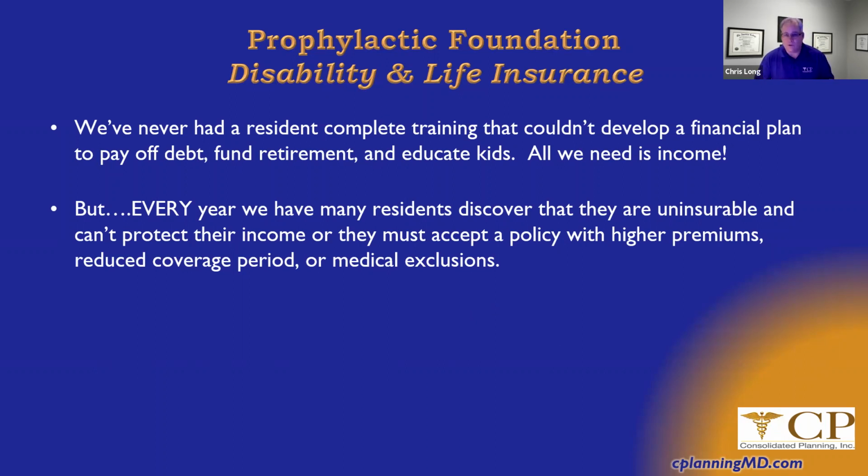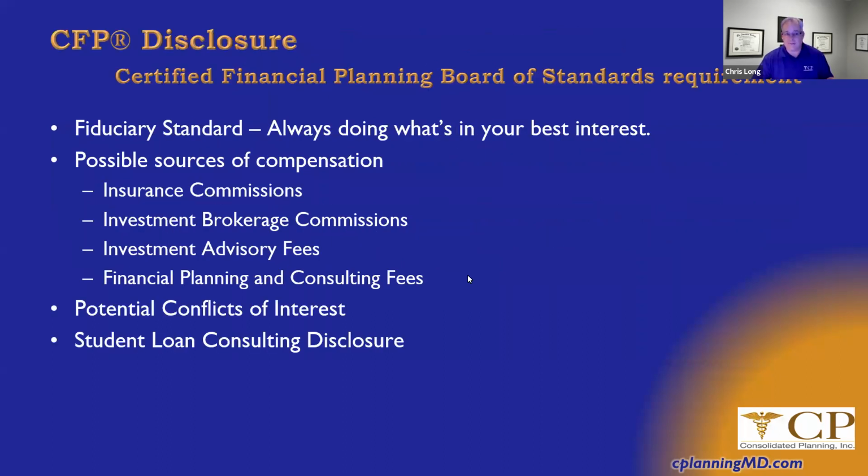We'll look at your student loans if we haven't done that already. We'll make specific recommendations for disability insurance. I've got another presentation on life insurance I would encourage you to watch. If that's appropriate, we'll make recommendations there. And then we'll typically recommend you get into underwriting, which means you're applying.